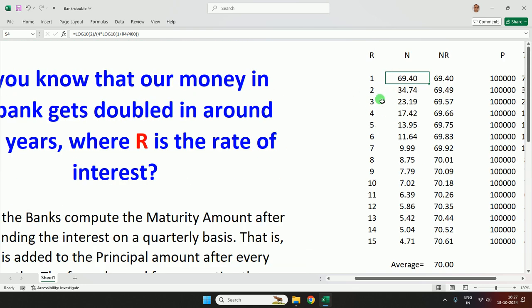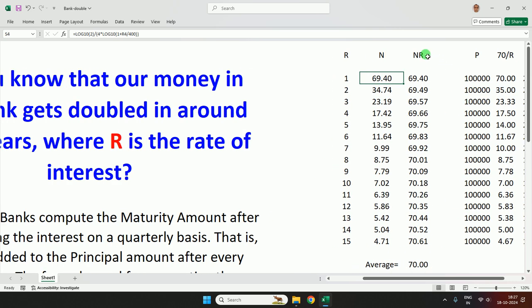So, if the rate of interest I have taken from 1% to 15%, 1%, 2%, 3% up to 15% per annum, then n will be these values. And if you look at this product n into r, that is rate of interest multiplied by number of years, then look at this particular column.